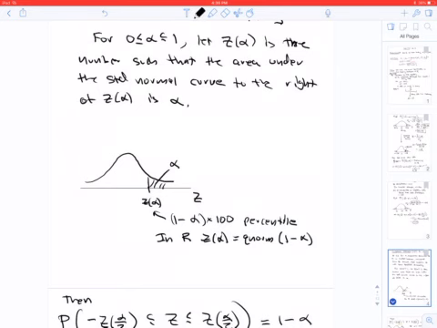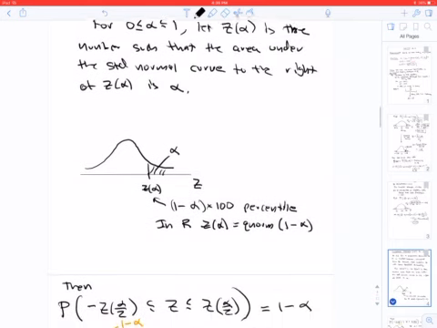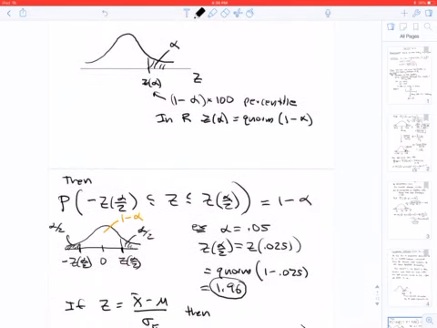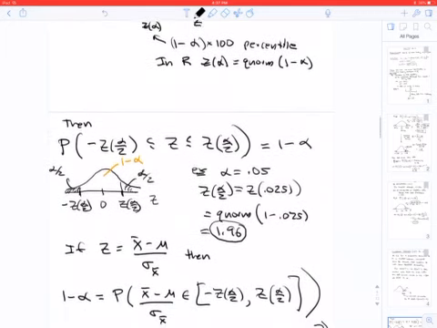I've drawn here a picture of that. What it really is is the 1 minus alpha times 100th percentile, which you can find in R using the qnorm command. So the area under the normal curve between minus z alpha over 2 and z alpha over 2 is 1 minus alpha, as is clear from this picture here.